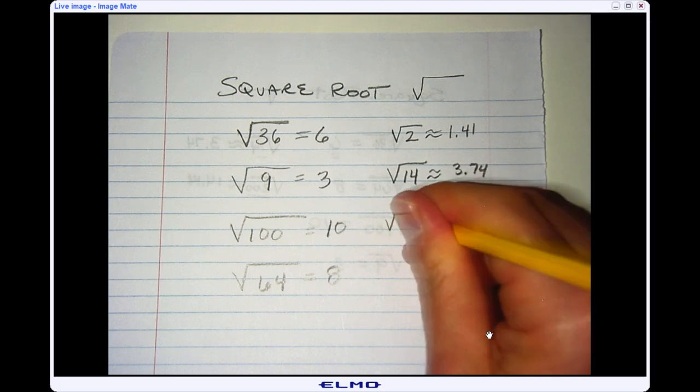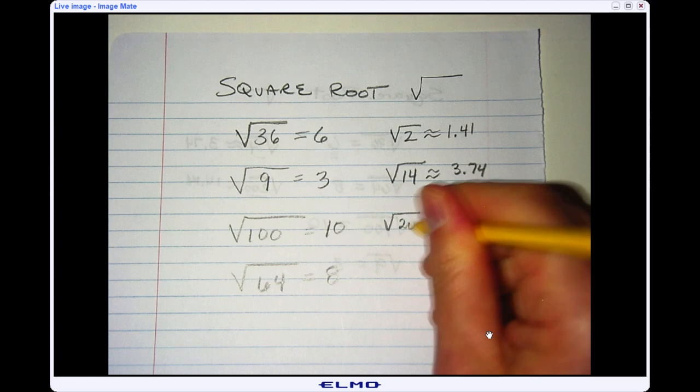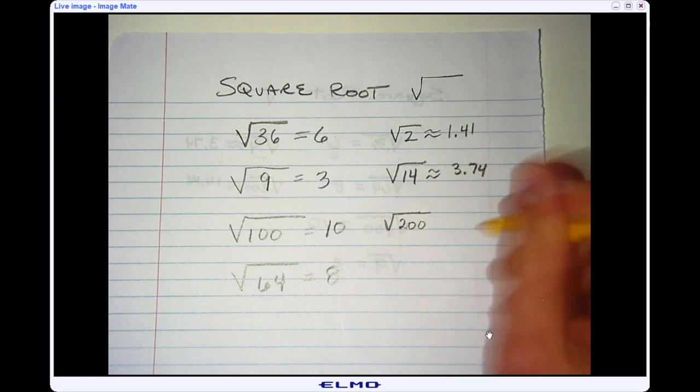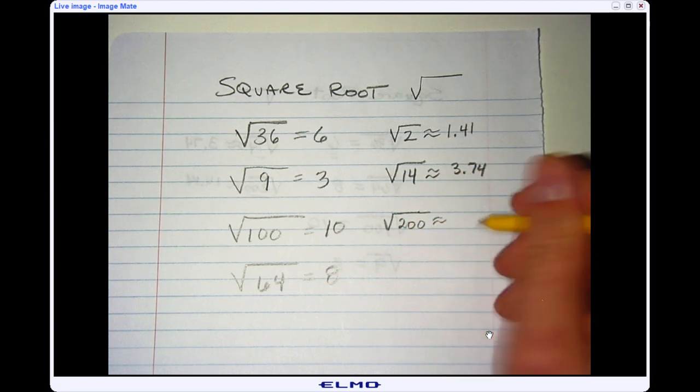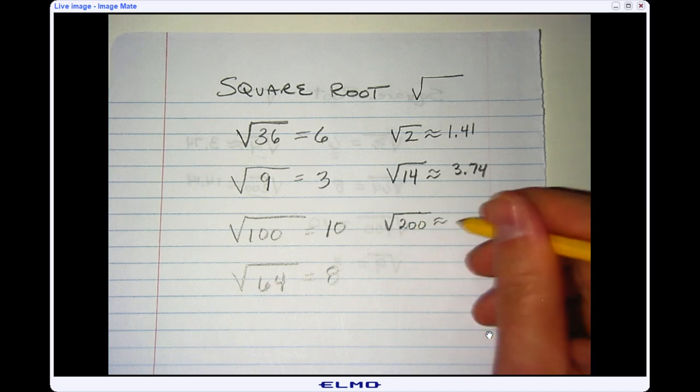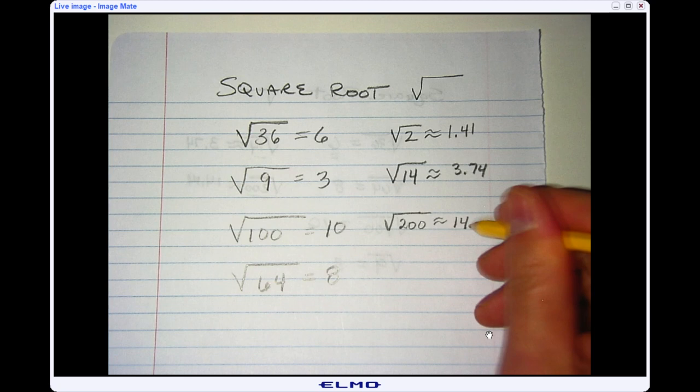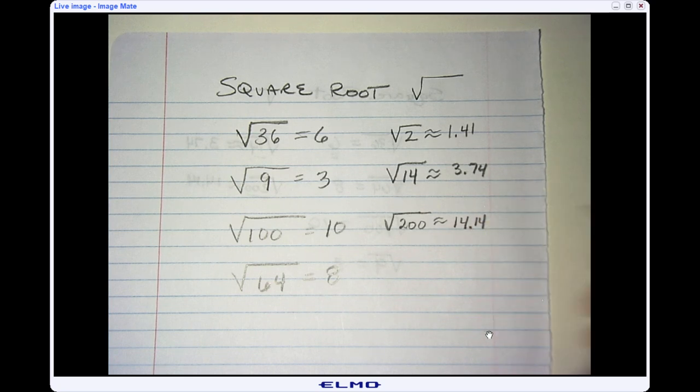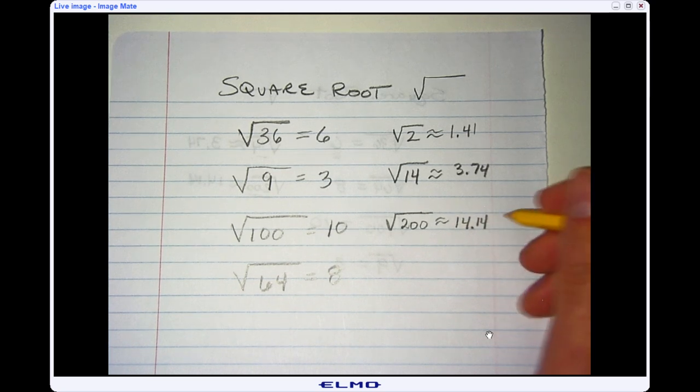My last one I'm going to show you is the square root of 200. There's no perfect square that's 200, so you're going to have to do some rounding again, and it's going to end up being about 14.14, because 14 times 14 is 196, so it has to be a little bit more than that.